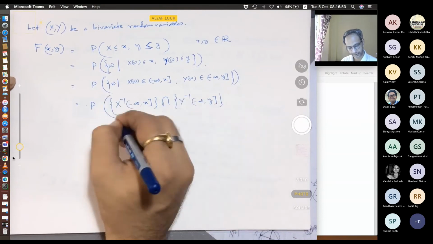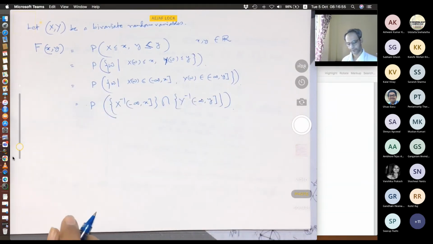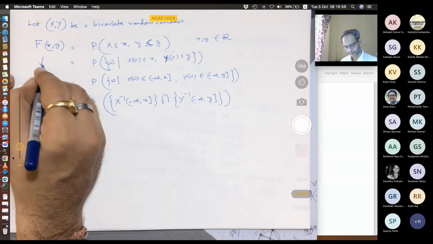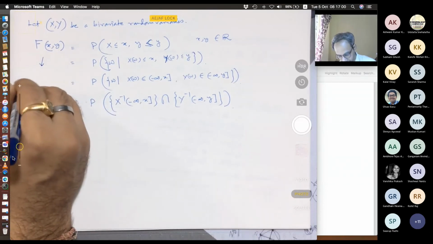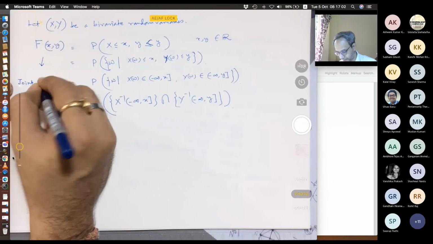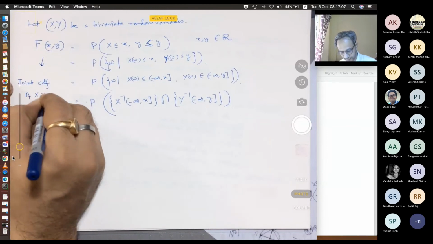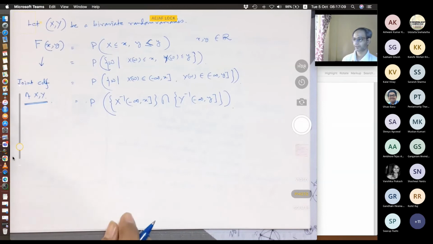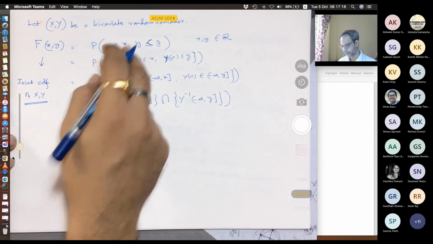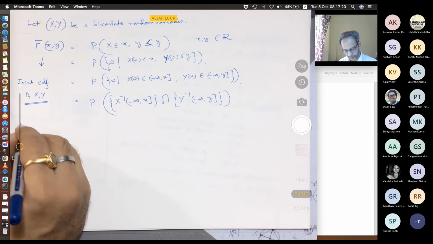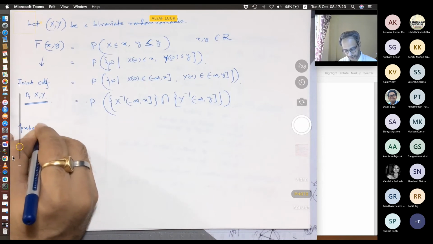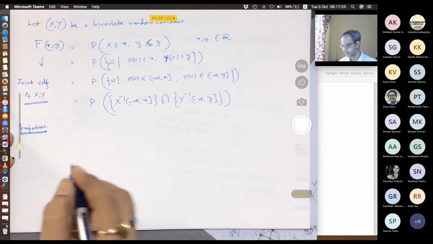This set, probability of this entire thing, is known as the joint CDF of X and Y. This is in general true whatever it may be, and this joint CDF has a few properties. So already you know the definition. Let us try to understand the properties.